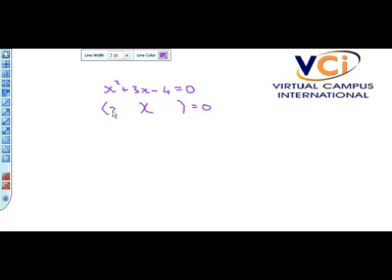You'd have x and x, and then 4 and 1. Like that? Yeah. And then you'll have x is equal to minus 4, or x is equal to 1.